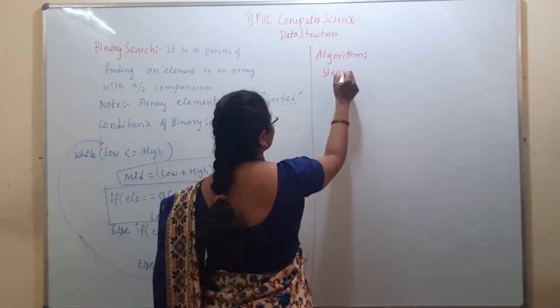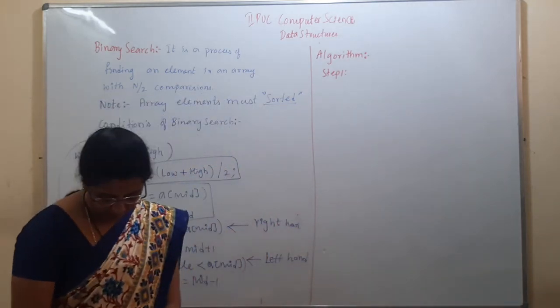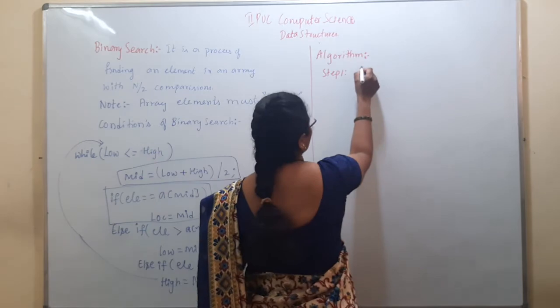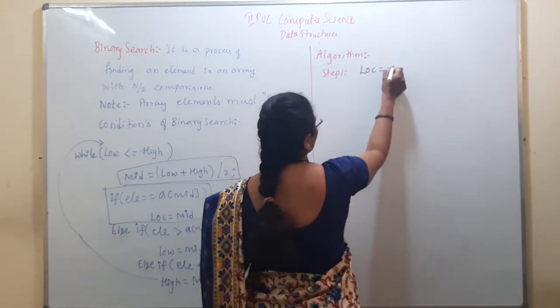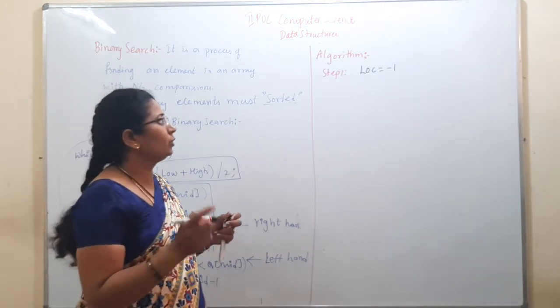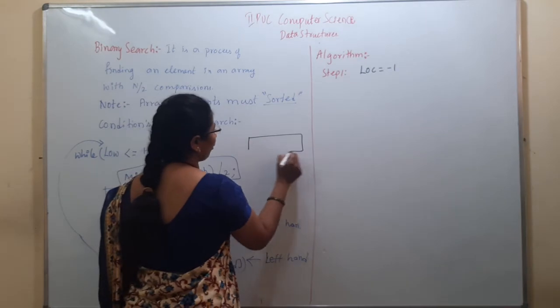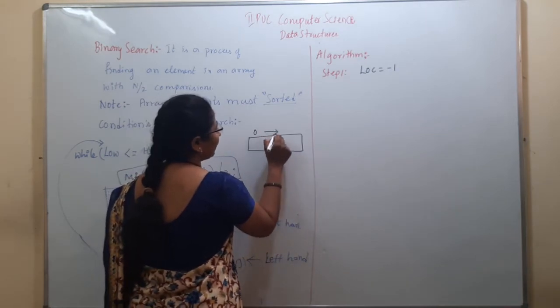Step 1. First we need to initialize location equal to minus 1. As we know in linear search, if the element is found it should be found within 0 to n minus 1.